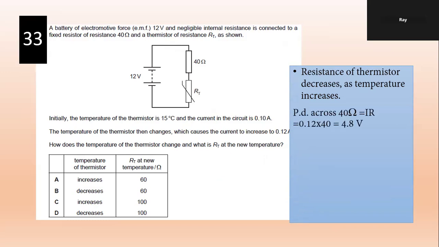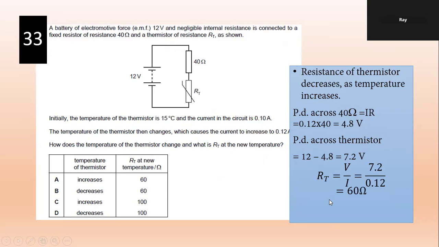So you can find the PD across the 40 ohm, which is I times R, that's 4.8 volt. Then you can find the voltage across the thermistor, 12 minus the voltage across 40 ohm, 7.2. Then you can find your resistance. Okay, good. A.